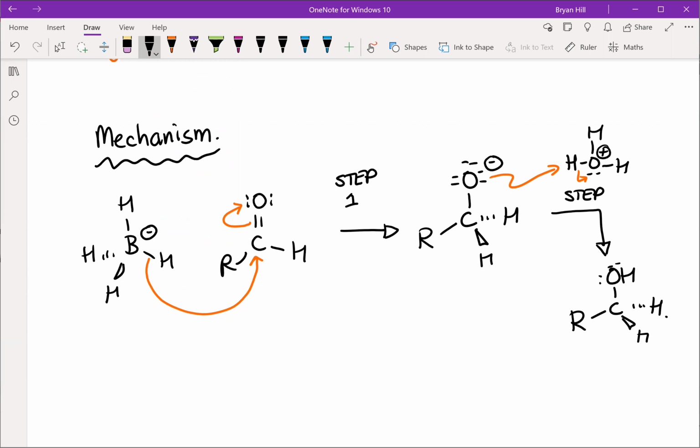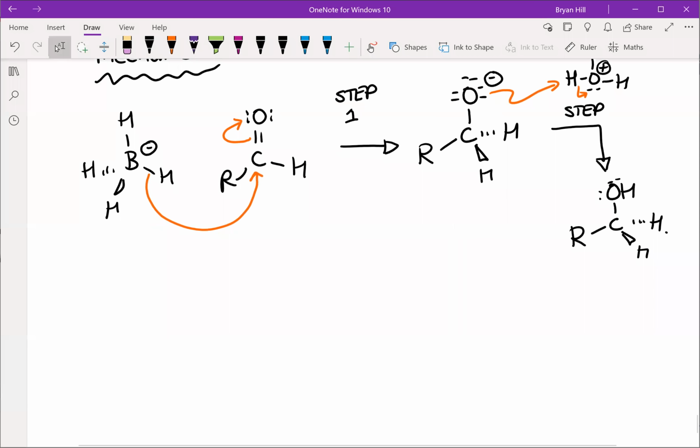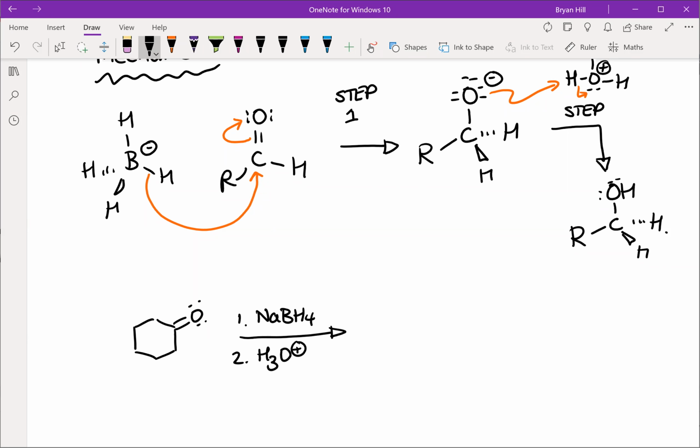So whenever we do these reactions, if we had, say, cyclohexanone, and we did this, step 1 would be NaBH4, step 2 would be H3O+, and then our product would be the alcohol. Because it's a skeletal structure, I'm not drawing the proton on this carbon here.